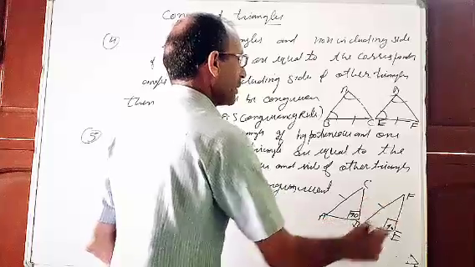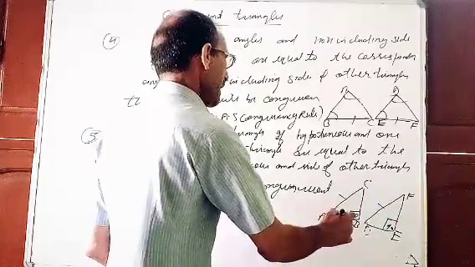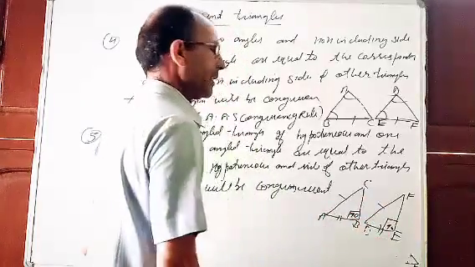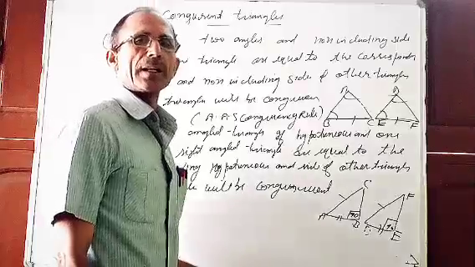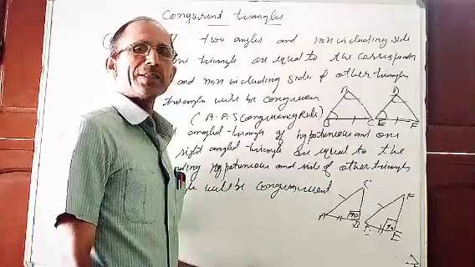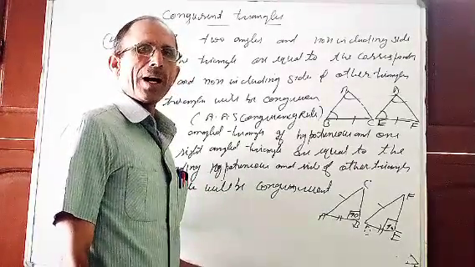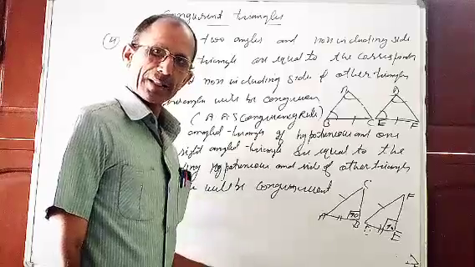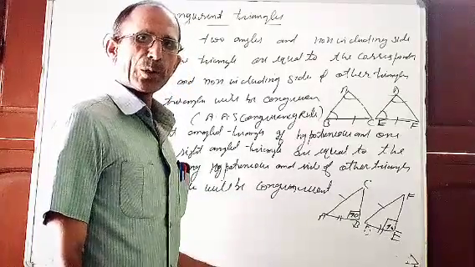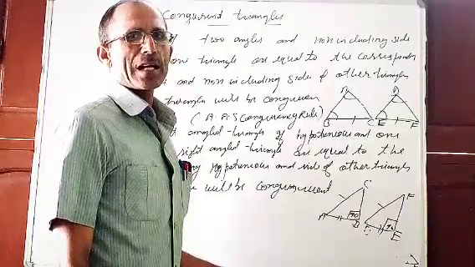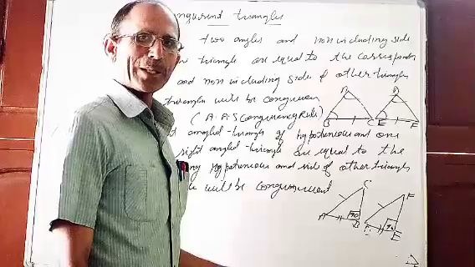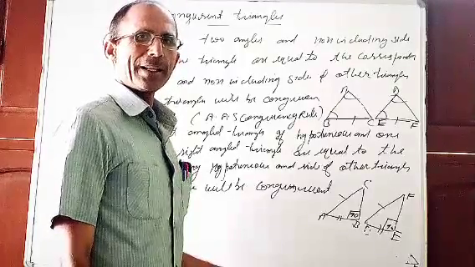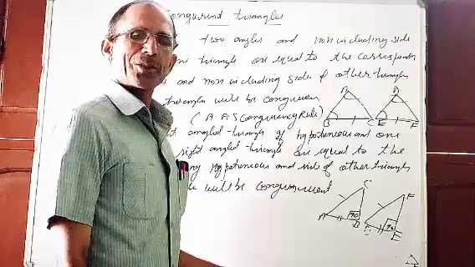So AC is equal to DF and AB is equal to DE. So these triangles are congruent and this rule is known as RHS. R stands for right angle, H stands for hypotenuse and S stands for side. So this rule is known as the right angle hypotenuse side congruency rule.